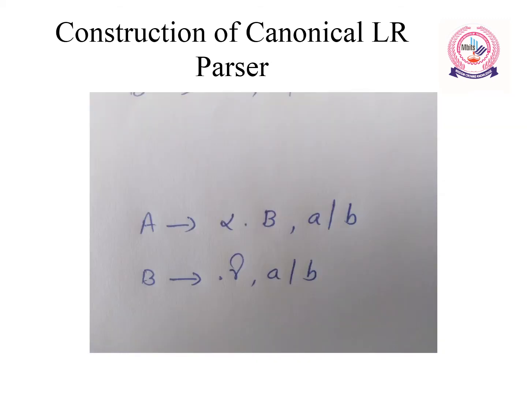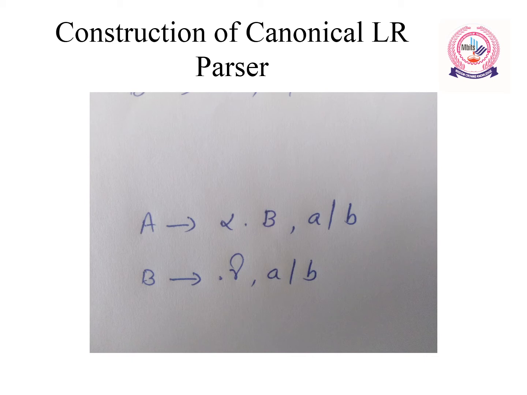Consider another example. The example is A gives alpha dot B and the lookahead is a or b. Because of the closure property of dot B, we can write the production B as dot gamma. Then how do the lookaheads a and b come as the lookahead for B?